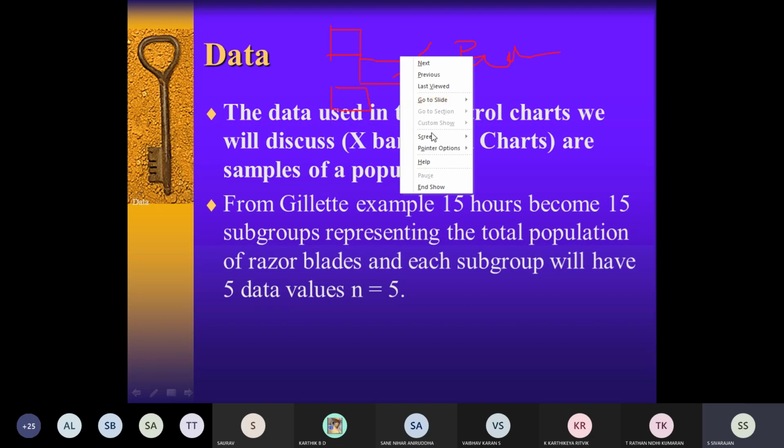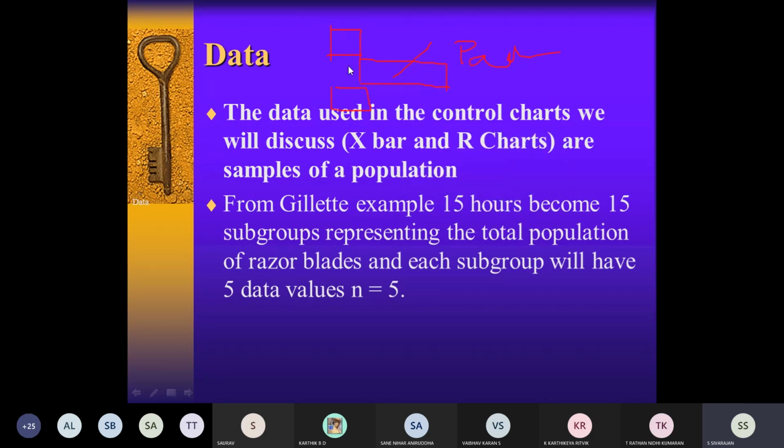Now, for example, the rod diameter is 30 mm. If the diameter of the hole you keep is 30.1, now the component will go inside. The problem is the oversized cannot go.